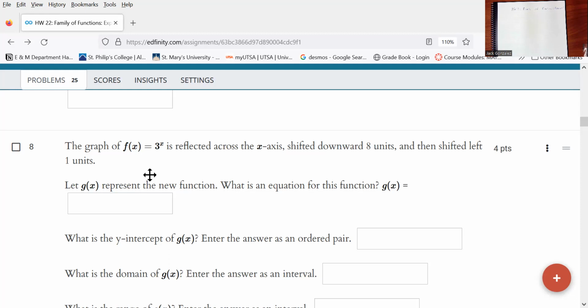Shifted to the left, that means there's a +3 inside the argument. Reflection would have to have a negative in the front. Reflect this way, you have to have a negative inside the power.